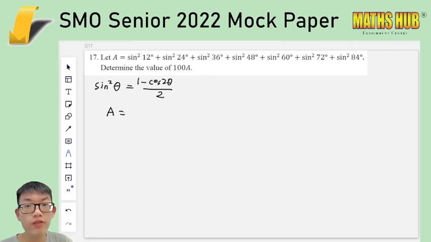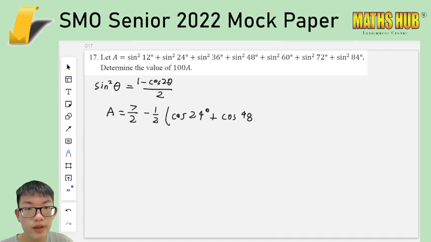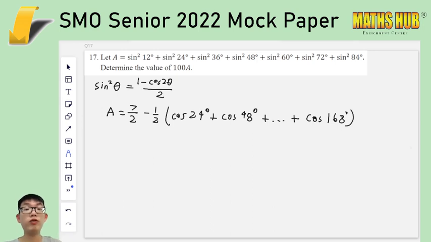So 7 of these all have a 1/2. And now your angles become cosine 24 degrees, cosine 48 degrees, and so on. The last one is cosine 168 degrees. So we are left to figure out how to add up this bunch of cosines.